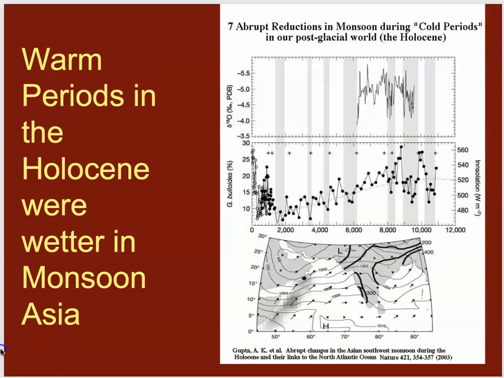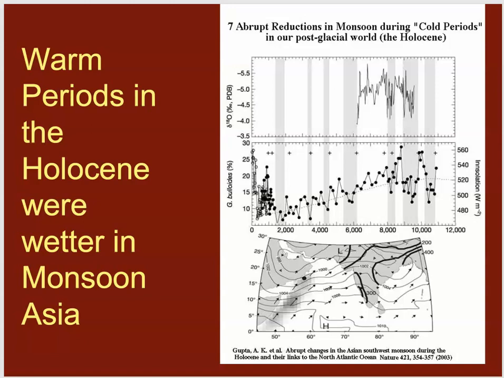This is an old paper, two decades old, but it hasn't been revised, and it's a classic. Let me see if I can explain what's going on. What these researchers wanted to find out is, in the last 10,000 years of relative climate stability, what was going on with the Asian monsoon in India, Southeast Asia, and in China.